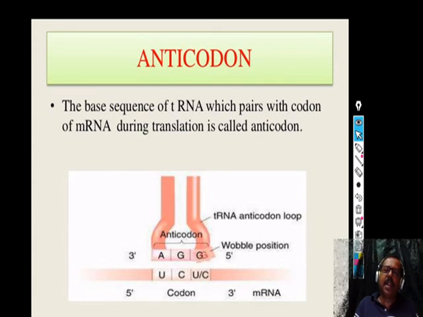So tRNA is important because it brings the amino acids during protein synthesis. That's why it is so important. It interacts with the codon present in the mRNA. So there will be codon-anticodon interaction in the ribosome during protein synthesis.